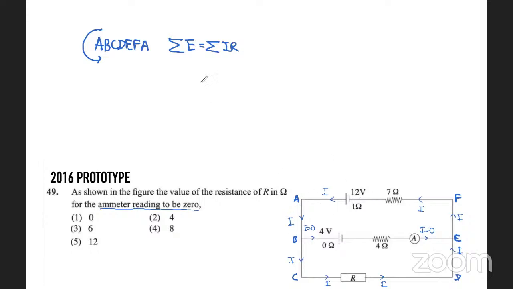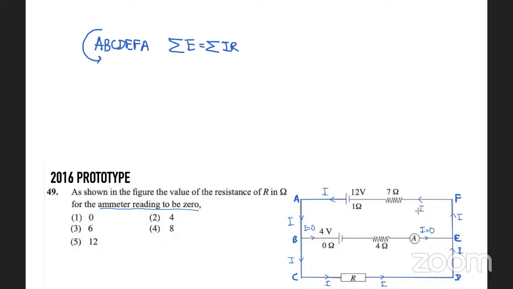I'm considering the outermost loop, and I will highlight that loop. The middle part is not our concern. You have to consider the batteries and the resistors only within the loop of consideration.